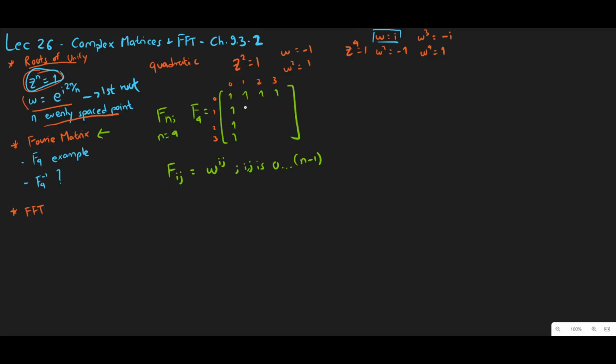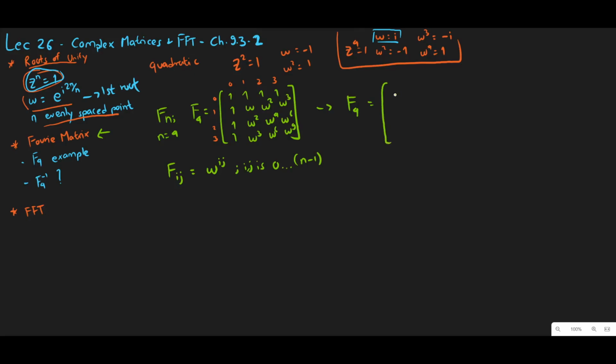And now we have W, and then we have W square, W cube, here W square, here W cube, W to the 4, W to the 6, W to the 6, W to the 9. Of course we already did this before, so we can plug all these numbers in, and we have our Fourier matrix for n equals 4.